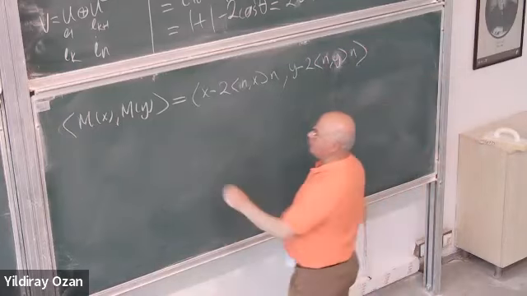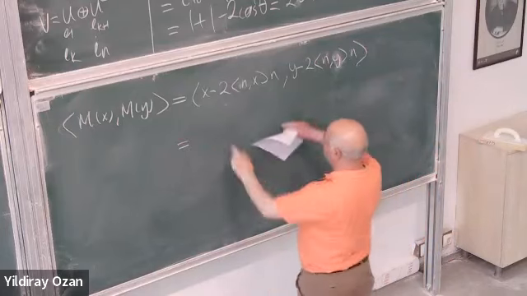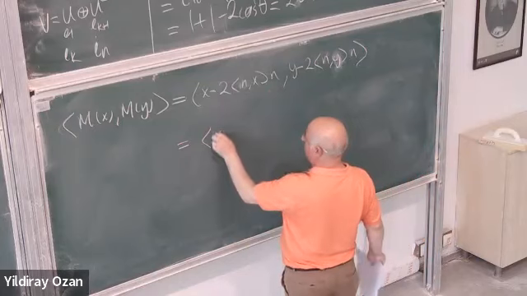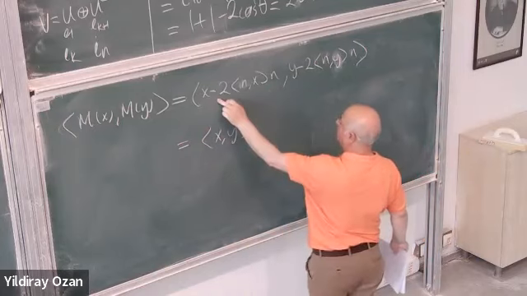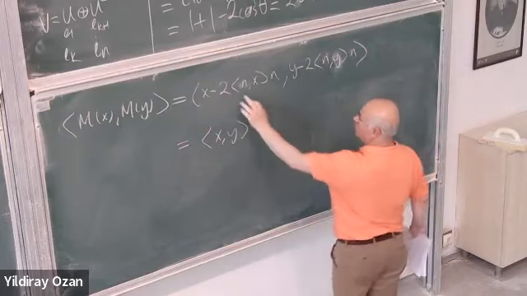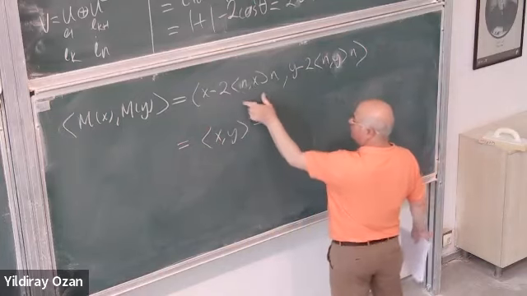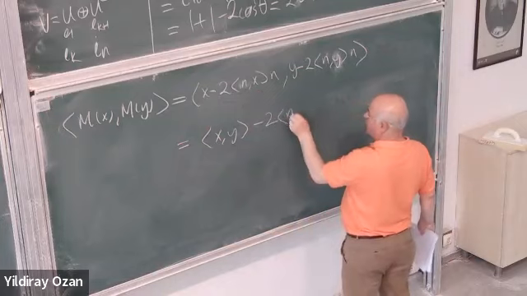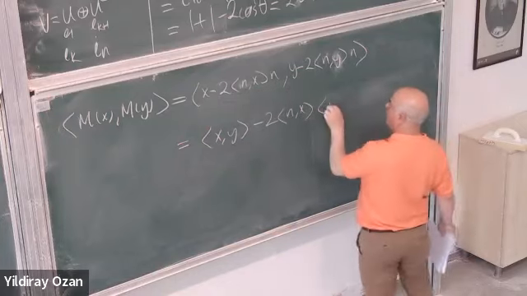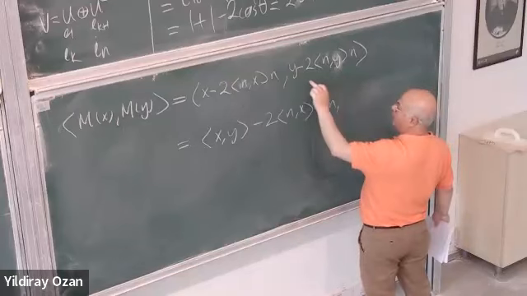Right? So what is this? Since these are linear, I can write it like this: x, y, and then minus. This is the scalar, I can just take it out, and then here I have n, and then here I have y.